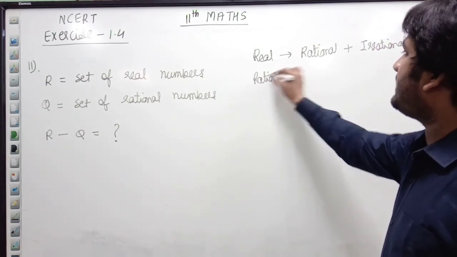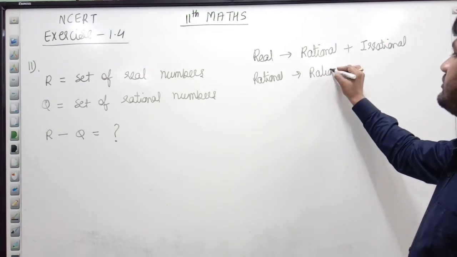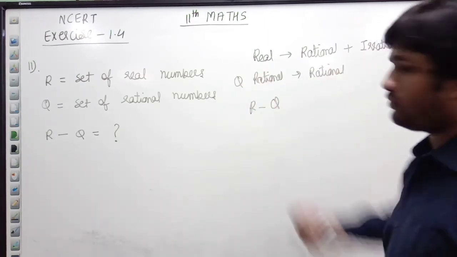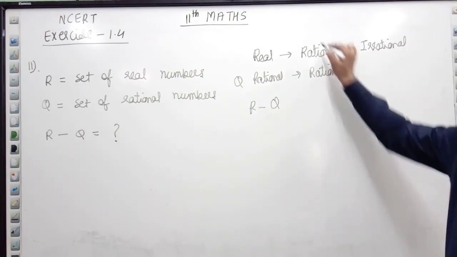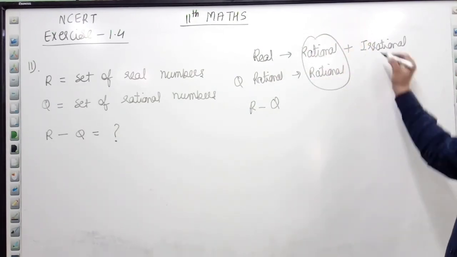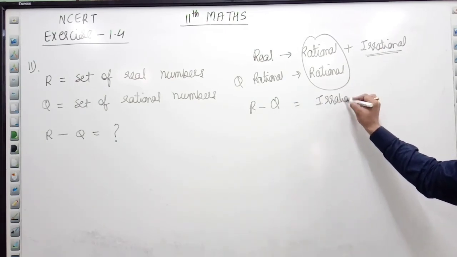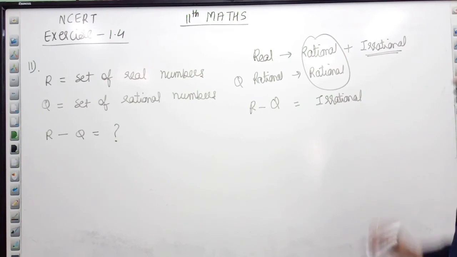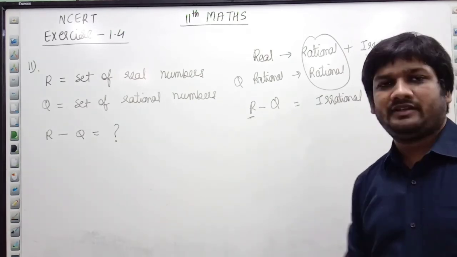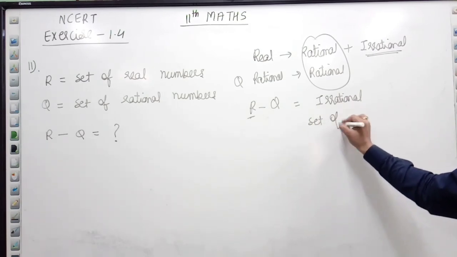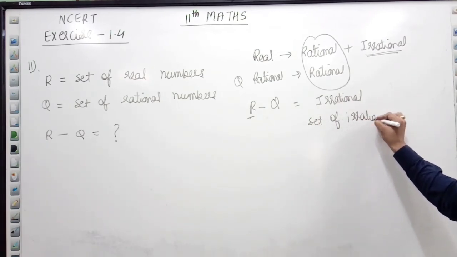Rational तो rational ही बोलेगा, it is rational. So when you would write R minus Q, तो जो कॉमन है उसे नहीं लिखोगे, तो बचा क्या? Irrational, राइट? तो कॉमन किसमें नहीं लिखते? लेफ्ट हैंड साइड में. So answer is the set of irrational numbers.